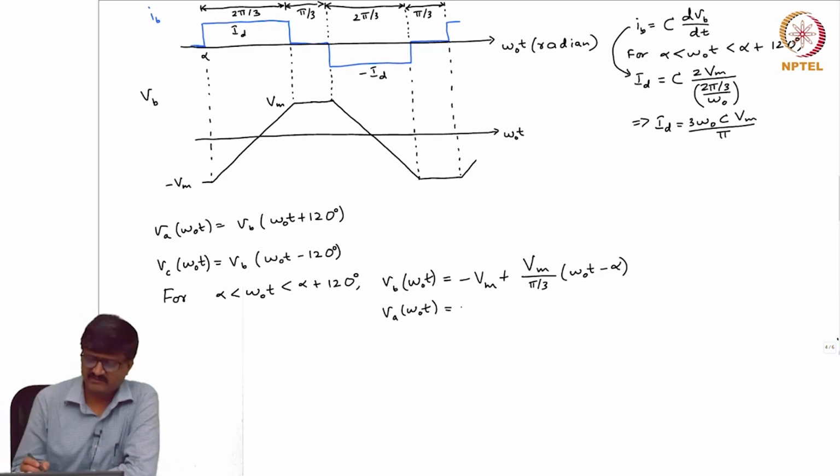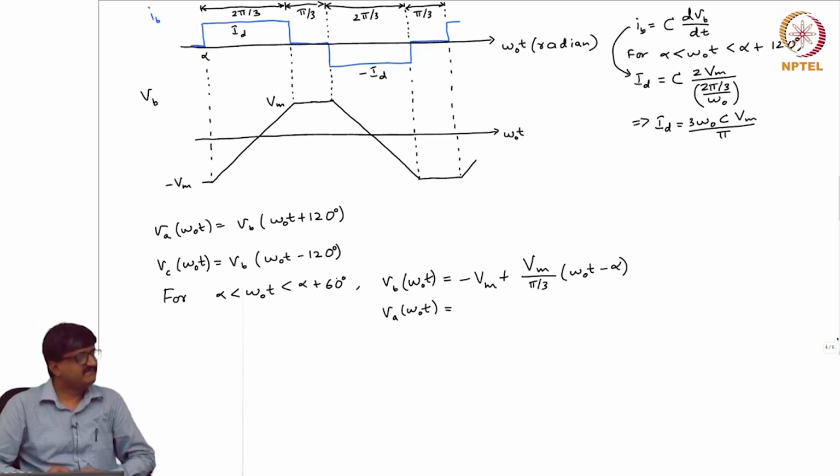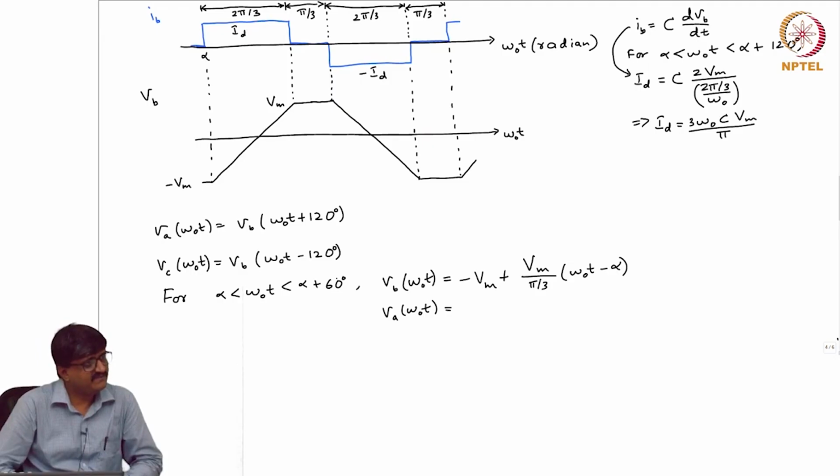Okay, it may be easier if, instead of taking it up to alpha plus 120, I make it alpha plus 60; it may be easier to write the expression for Va. What is Va?